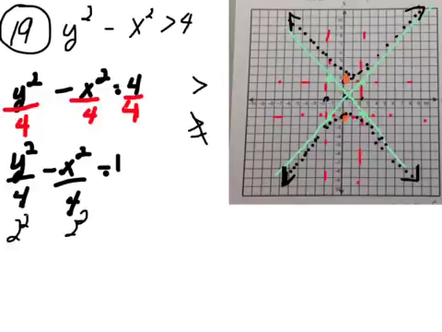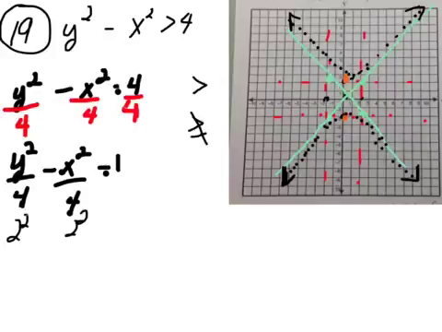Now we have to do the shading, and it's y squared minus x squared is greater than 4. Now, it's kind of weird here. Do we want to graph inside this hyperbola or outside? To me, it's kind of harder here to get a sense of where do you shade, inside or outside. So one of the safe things to do when you're not sure, I'm going to hit my yellow button here, is pick a point that's easy to plug in and see if it works in the equation.